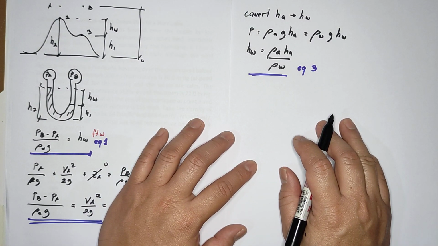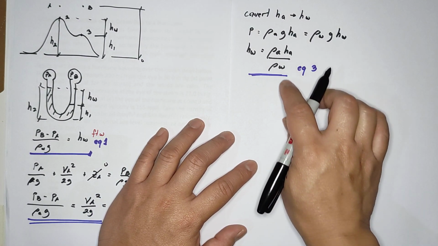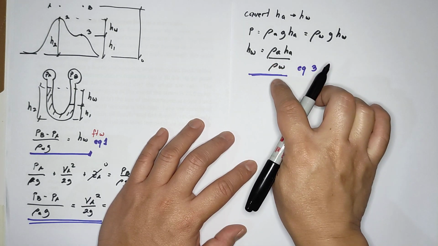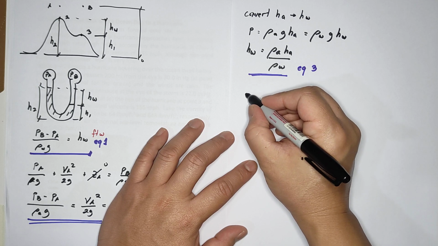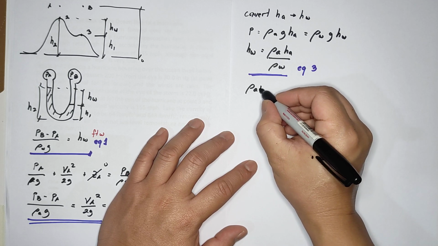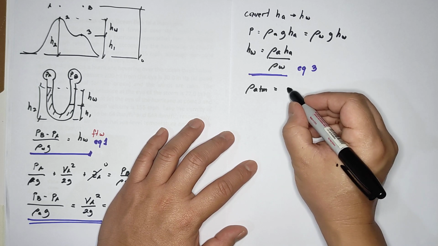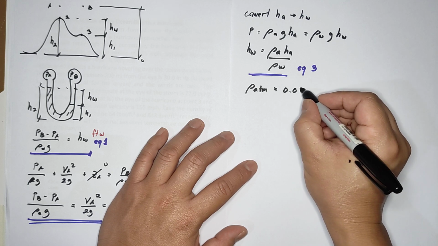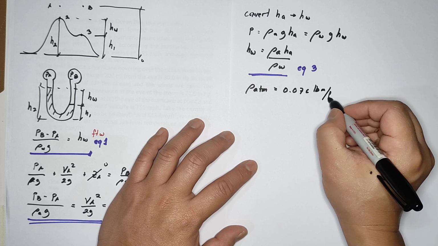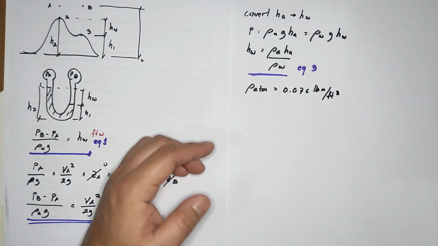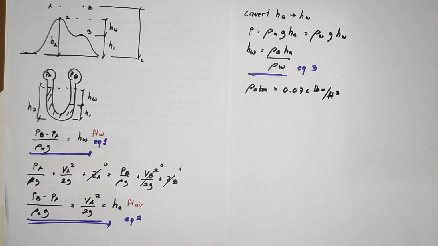So, how do we know the density of air with the given density of air at atmospheric, and that is 0.076 pound mass per cubic feet?